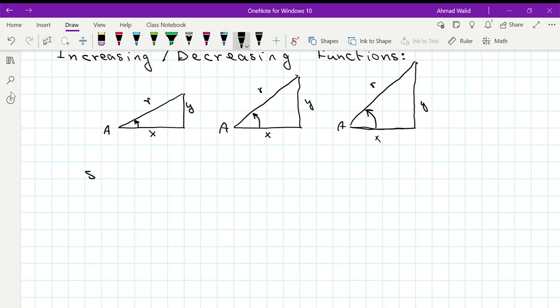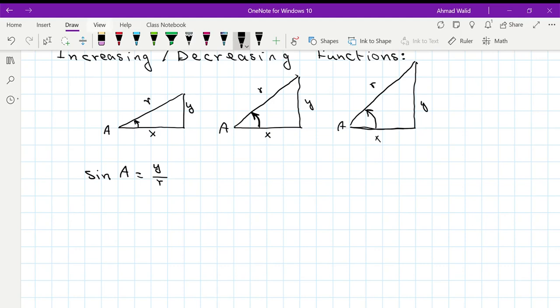Sine of angle A here equals opposite, which is Y over R. Now, as I increase the angle, as A is getting bigger, in the second picture you see A is getting bigger.